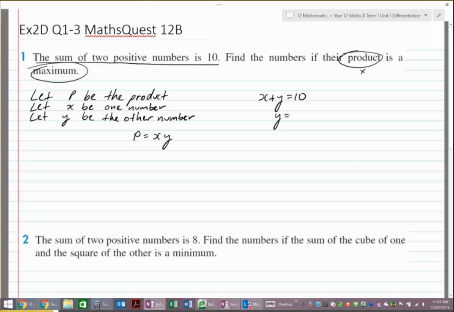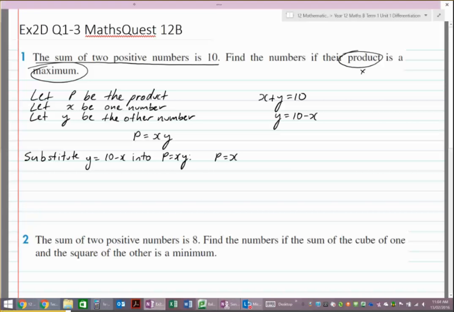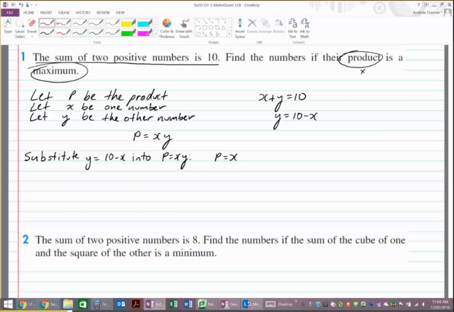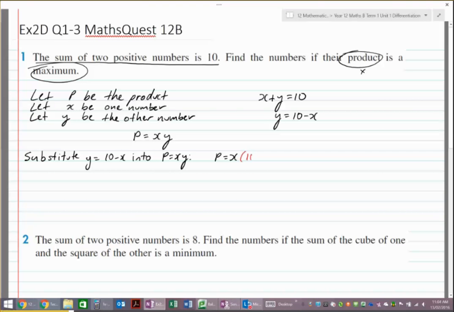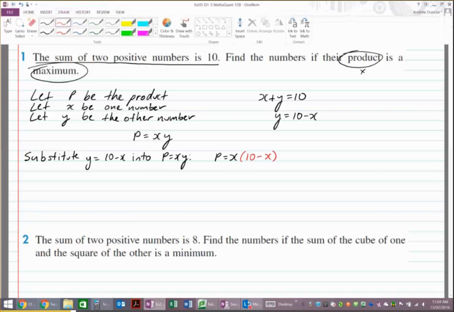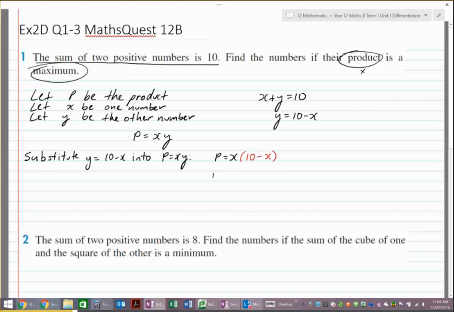I'll rearrange so that I get Y equals 10 minus X, and then I can substitute Y equals 10 minus X into P equals XY. Where P equals X, instead of writing Y, I'm going to write 10 minus X. From here, I can expand these brackets to make the function look a little bit neater.